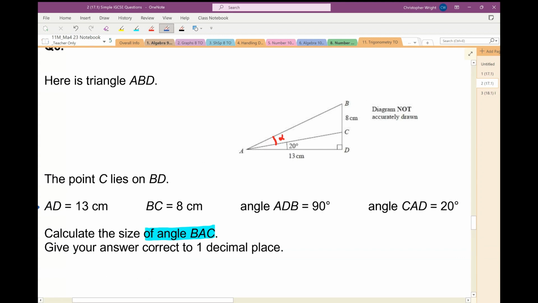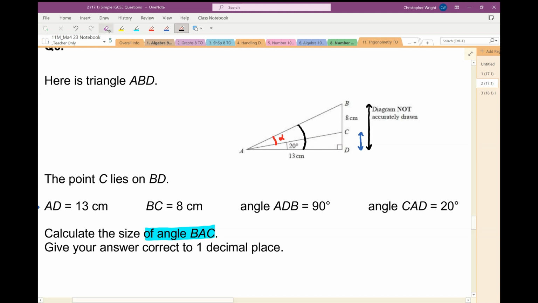I suppose if I look at the bottom triangle, I could find that side there, and then I could find the whole of this side here, and then, crikey, I could find the whole of this big angle by using the big triangle, and then I could take 20 from the big angle to get alpha.